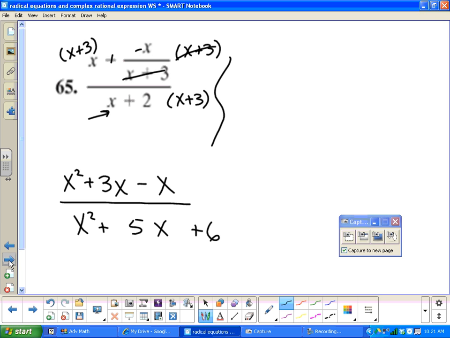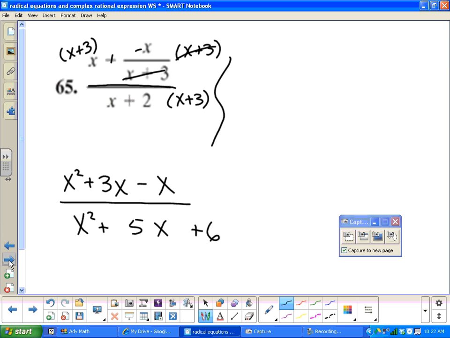I know what you're talking about. It's because this is a single term. The fraction bar right there groups that together, and that's why it's a single term. Okay, I can see why we would ask that.